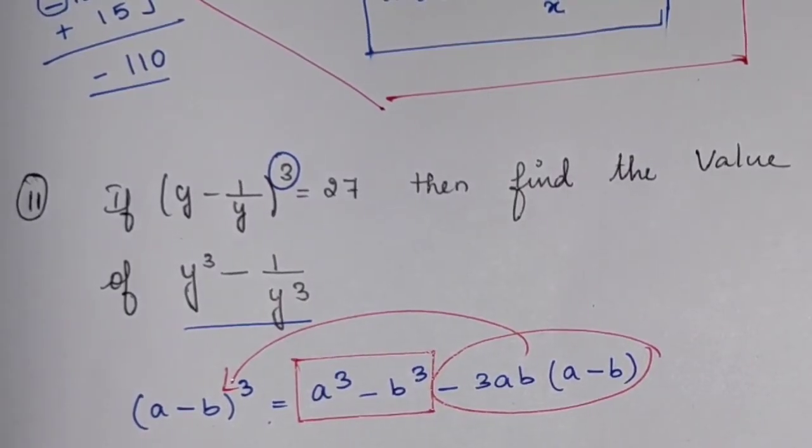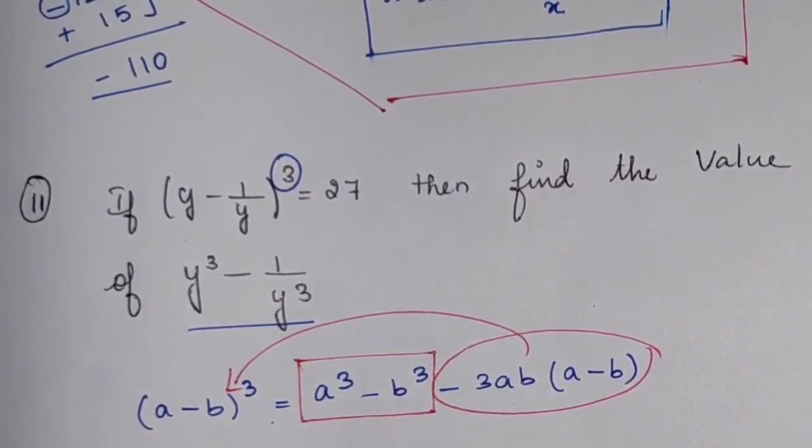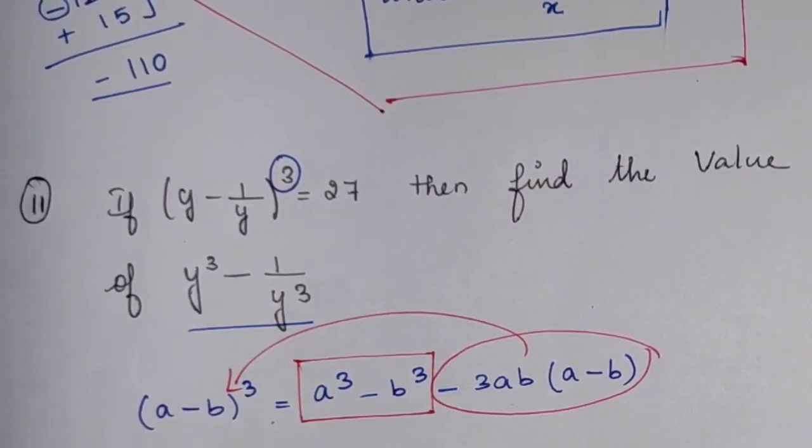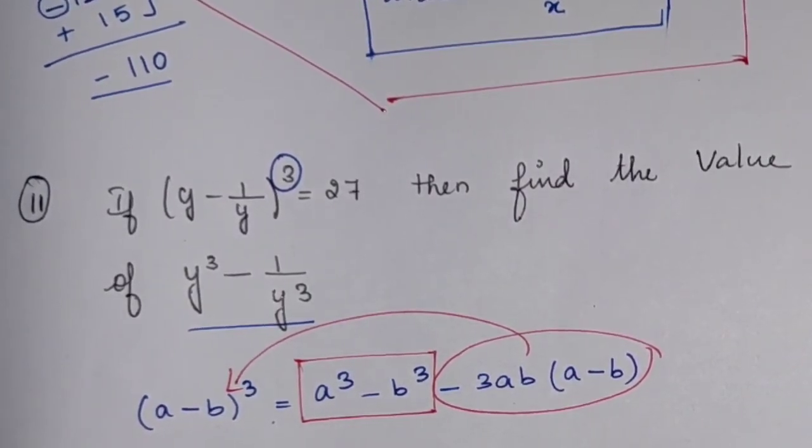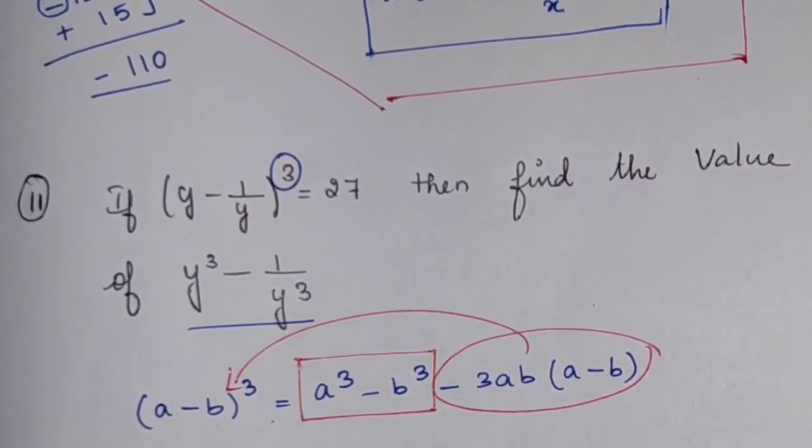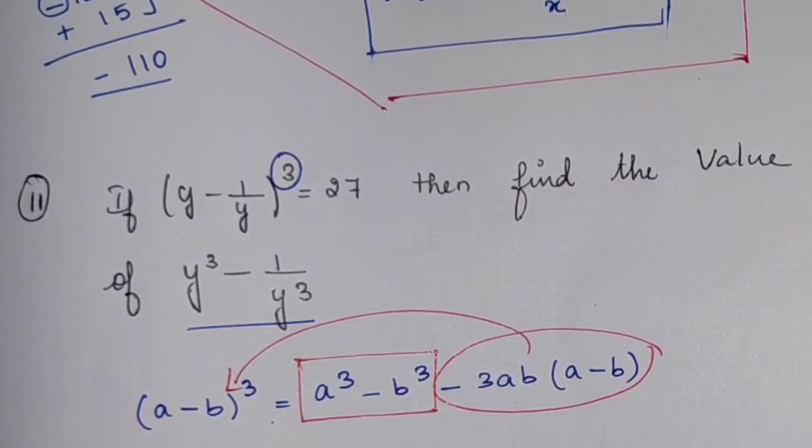So we have derived an identity for a cube minus b cube, that is a cube minus b cube is equal to a minus b the whole cube plus 3ab into a minus b.